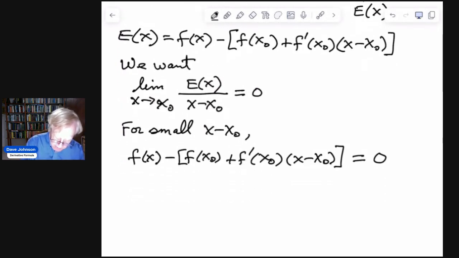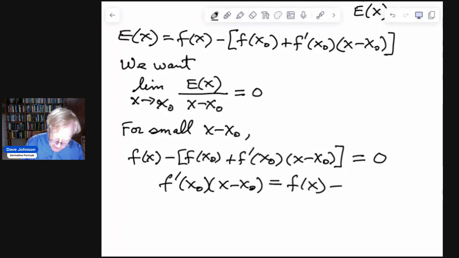So now we're going to solve this equation, and we get f prime of x naught times x minus x naught is equal to what? Well, it's f of x minus f of x naught if we distribute and solve.